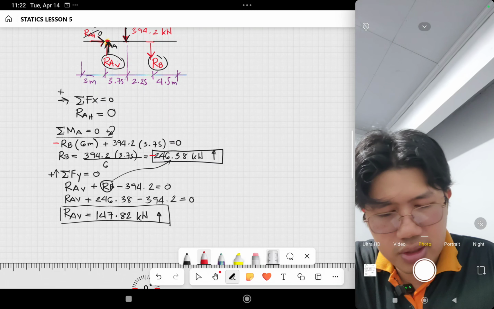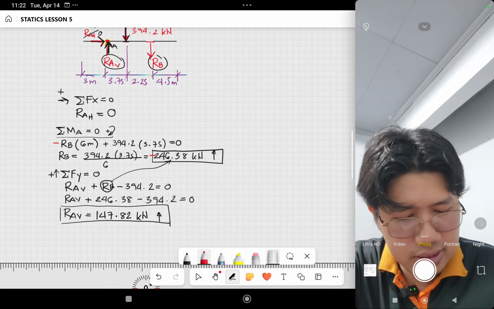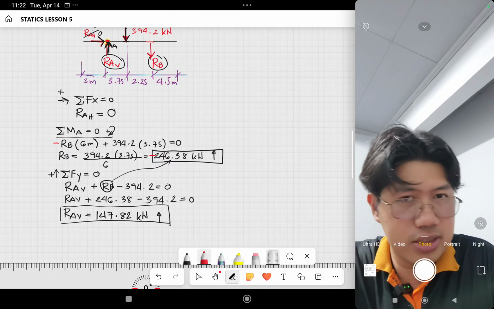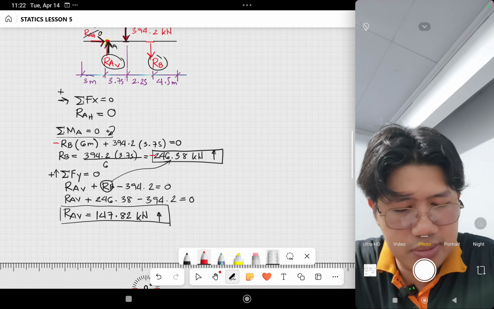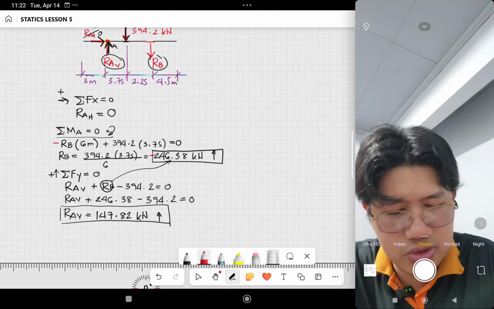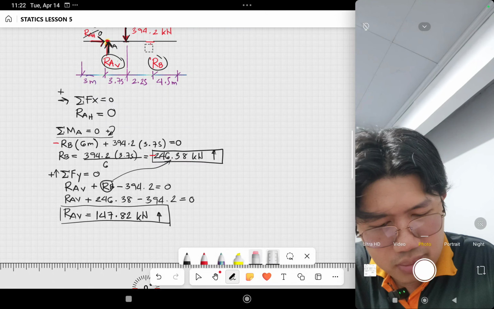So ibig sabihin nun, kung negative nakuha ko, dapat upward yung aking solution, kasi inassume ko siya dito as pababa. So ano yung opposite ng pababa? Ibig sabihin ng negative is mali ako ng assumption. So ang mangyayari is, i-correct mo lang yung drawing mo.